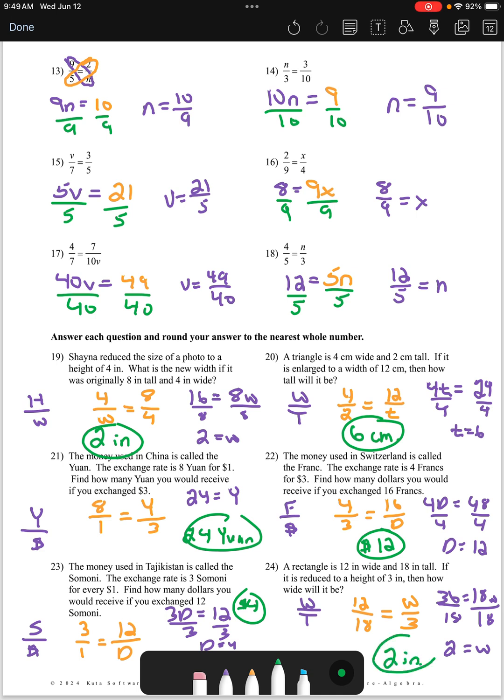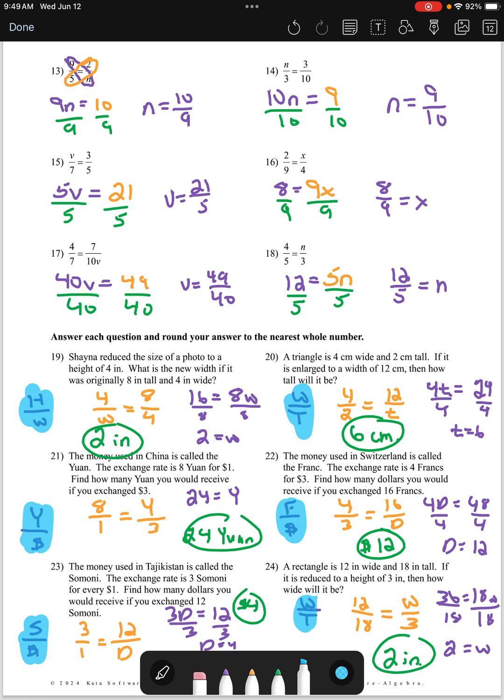2 what? 2 inches. Now I just want to point something out, even though all the problems are now completed. And that is, it does not matter what order you choose to set up the original fraction. What I mean by that is this guy that I'm writing on the edges. It does not matter if you set it up that way or if you flip them.